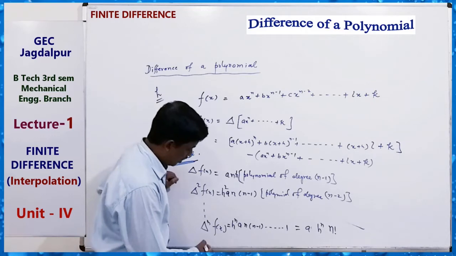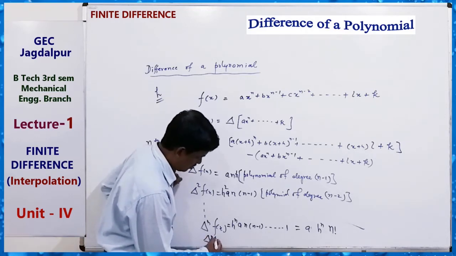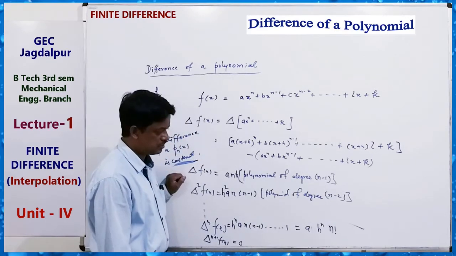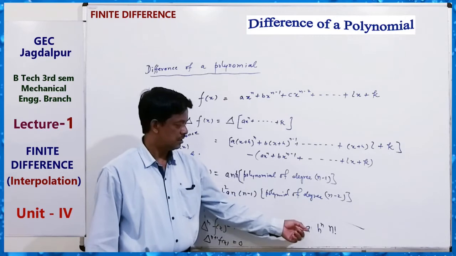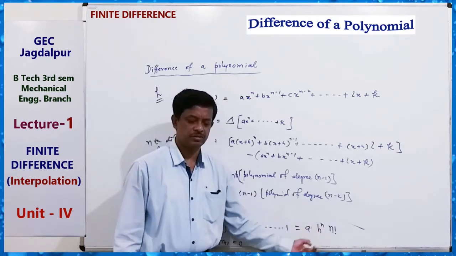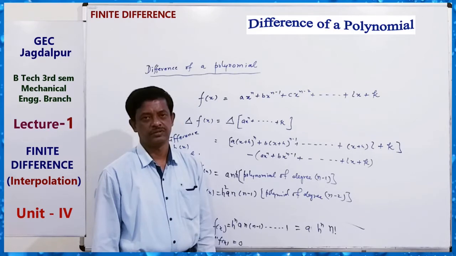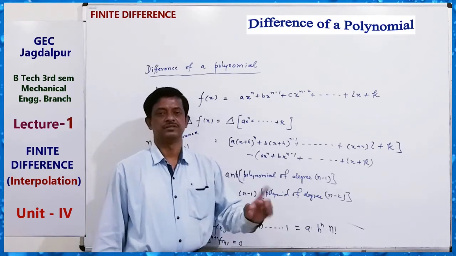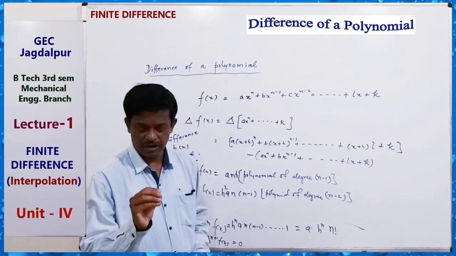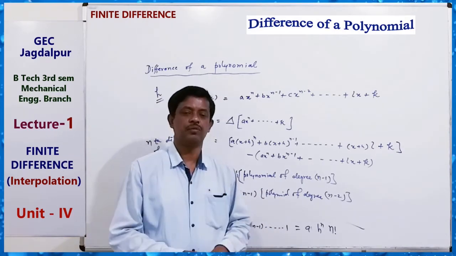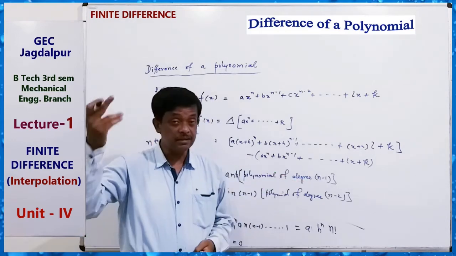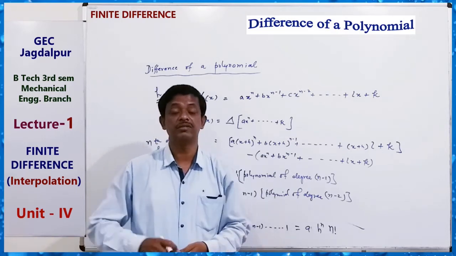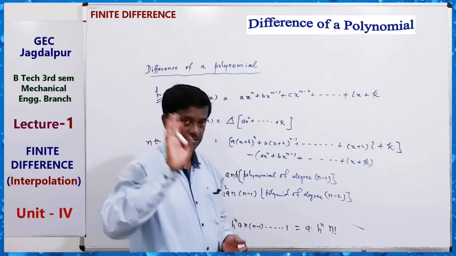Now, if we take higher order differences, n plus 1, one more difference, then this is equal to 0, because difference means f(x+h) minus f(x); this is a constant minus a constant, 0. So nth order forward difference of a polynomial of nth degree is always constant and its higher order differences are always 0. Note it down, okay?